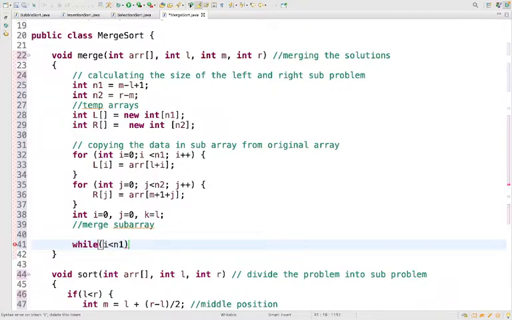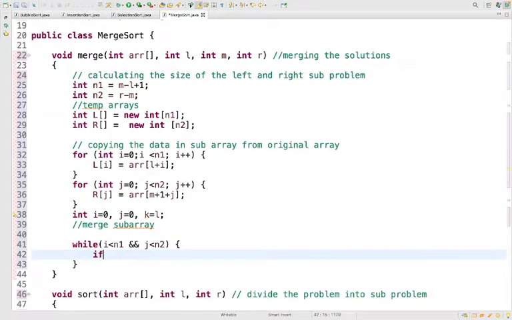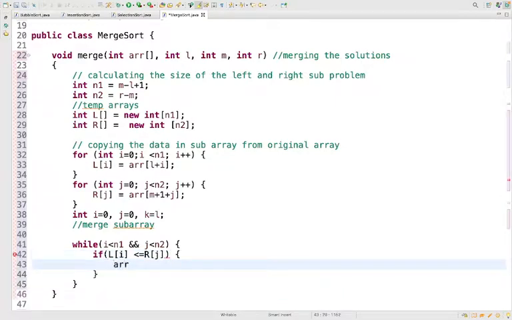So what we are saying is, if i is less than n1 and j is less than the size of the second subarray, then we will check whether L of i is less than R of j. I will show you with an example what exactly I am doing here. Then we pass the value to the main array.